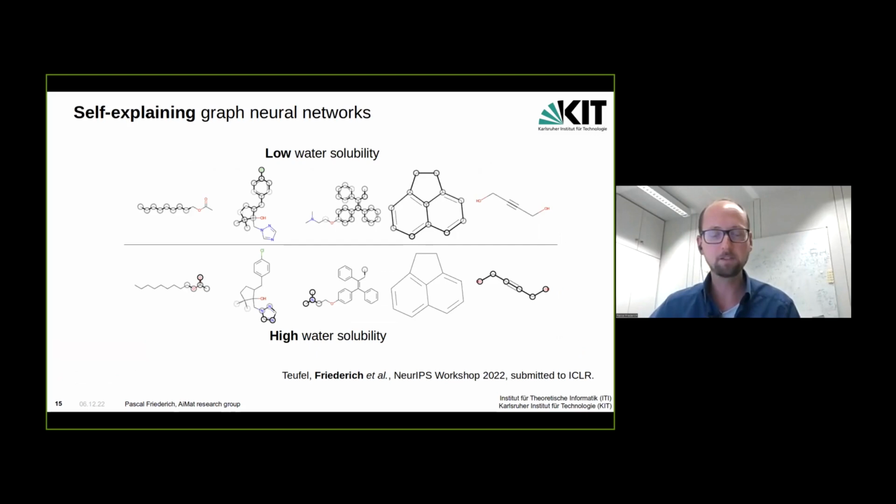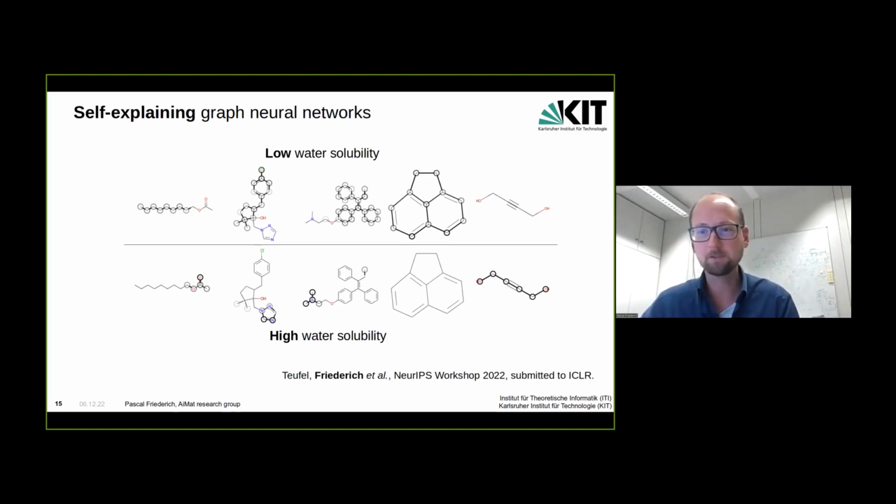So let's look at an application use case. We now see here a couple of molecules. We trained this model on water solubility, and we don't only get one explanation channel, but multiple explanation channels if we want. So we can have one explanation channel, this is the upper channel here, where the model is now generating explanations for what are relevant structures for low water solubility, whereas the lower row here is for high water solubility.